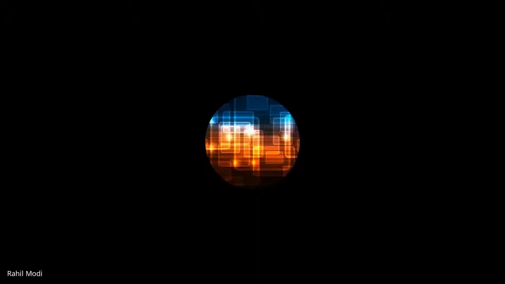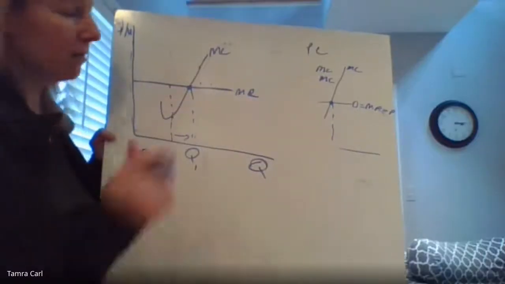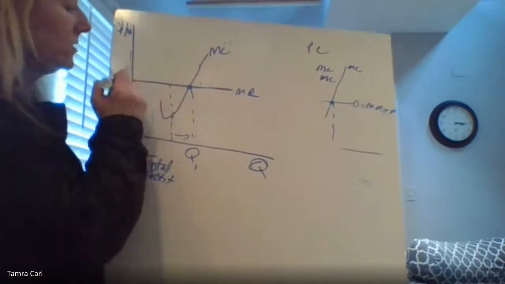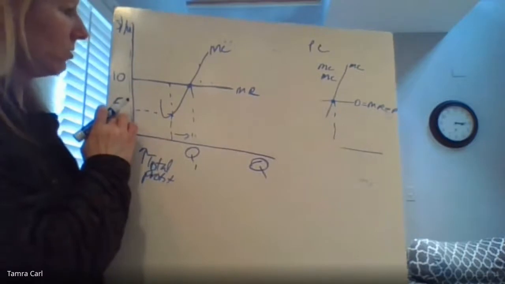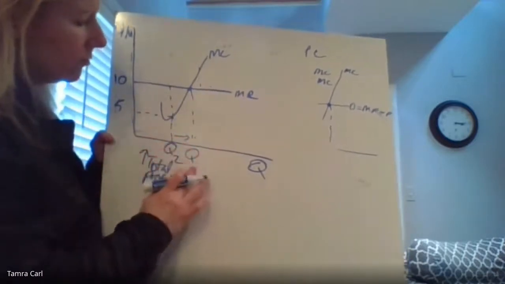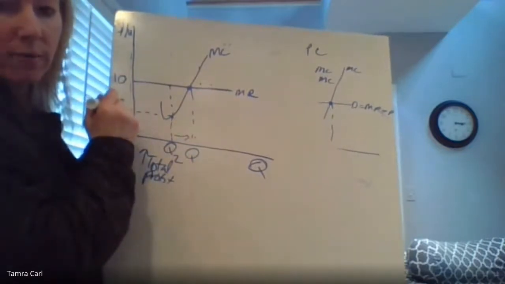When MC is under MR, isn't that a good thing? It's a good thing, but it's not the best thing. It means that I'm adding, let's say the marginal revenue is 10, and over here the marginal cost is 5. That means at this quantity here of 2, I'm adding $5 to my total profit.